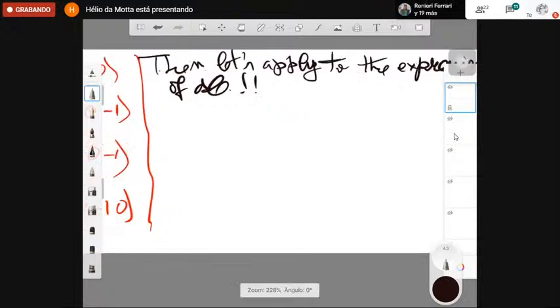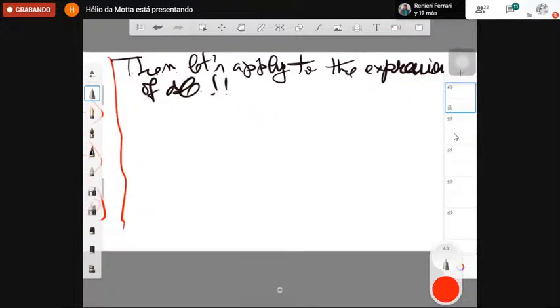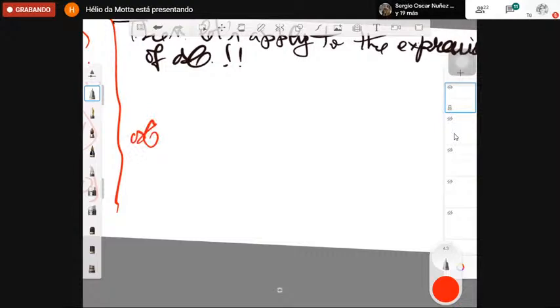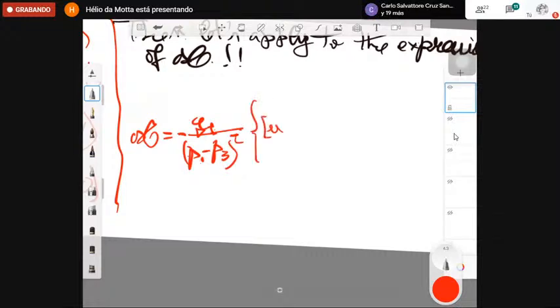Okay. The expression M is minus GE, now you have 3 gamma 0.